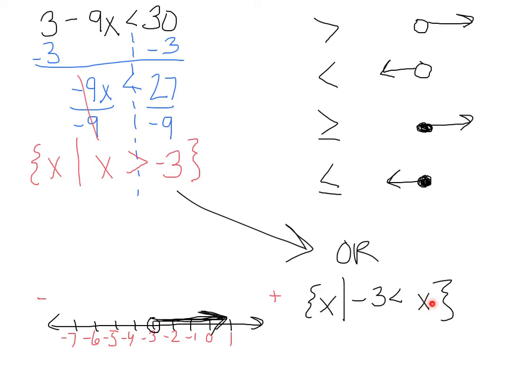So if our variable must be bigger, we still have to shade to the right, even though it appears as a less than symbol. You have to look at what all of our numbers have to be. Can this be 0? Yes, it can. That's going to point to the right. Can this be -10? No, because -10 is not bigger than -3. So this is something important that you need to keep in mind for the future.